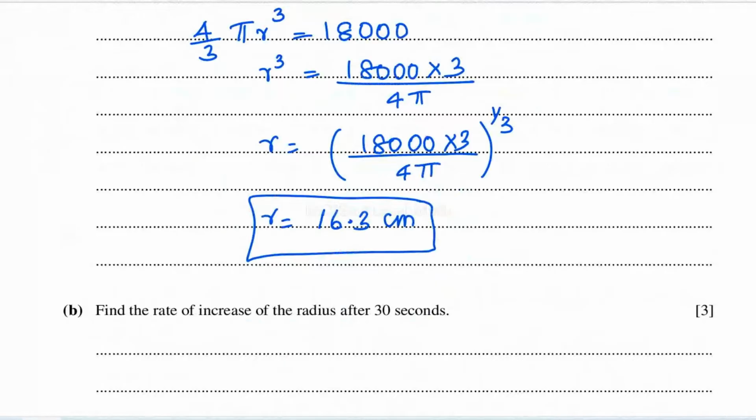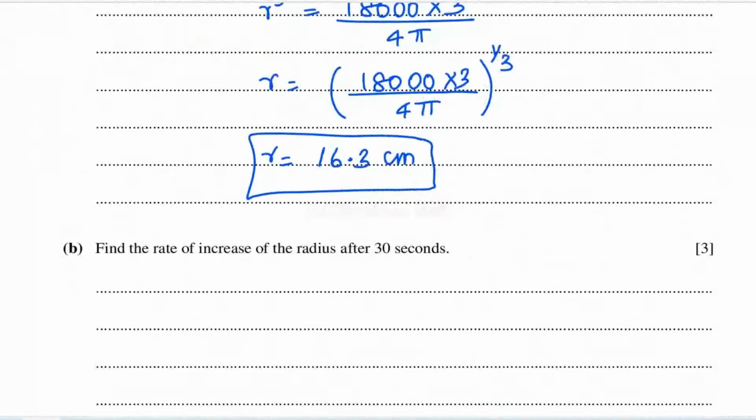So the next part of the question is, find the rate of increase of the radius after 30 seconds. So we need to find the rate of increase of the radius, that is dr divided by dt. This we can find by dr divided by dv multiplied by dv divided by dt.